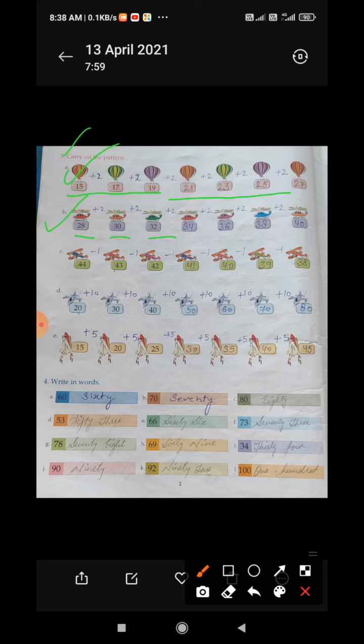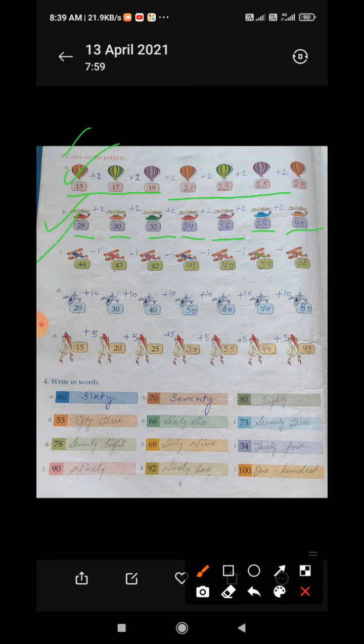For completing the series, you have to add 2 to each number. 32 plus 2, write here 34. Now again add 2 to 34. The answer will be 36, write in the space given 36. Now add 2, write 38, now add 2. Here you will get 40, write in the box 40.